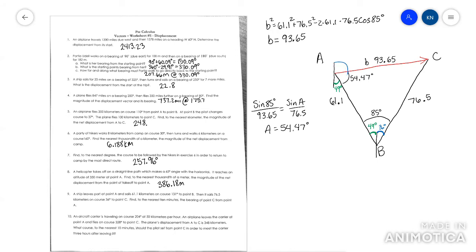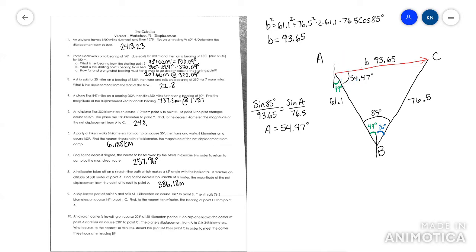Now the reason that's important is because I need to know just this blue amount. Remember what we're looking for: the direction of this line looking this way. So I need this amount of rotation. If you remember, the first line we drew was at a bearing of 131 degrees, so this whole thing was 131 degrees. If I take that 131 and subtract this angle, it'll give me just this portion that I'm looking for.